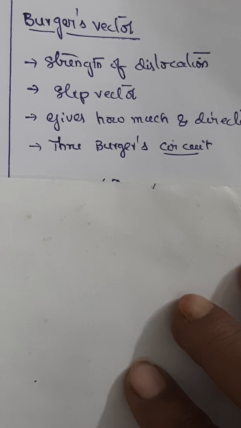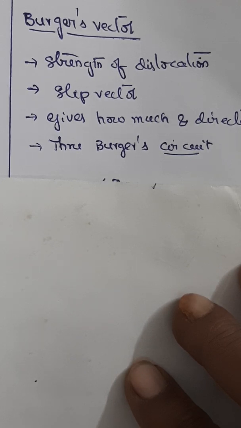The best way of defining Burger's vector of a dislocation is by means of Burger's circuit. Burger's circuit can be obtained by considering the atomic arrangement around an edge dislocation or screw dislocation. Starting from a lattice point, trace the path from atom to atom, equal distance in each direction.